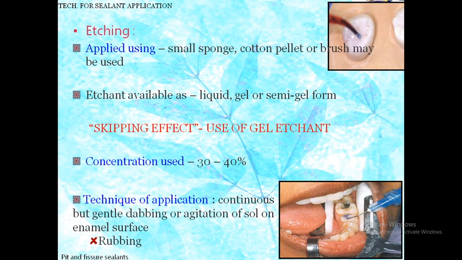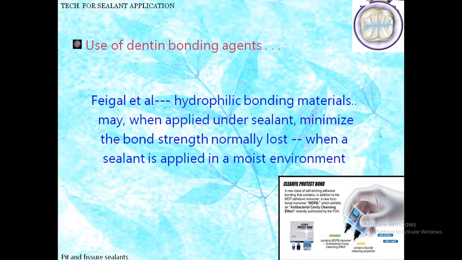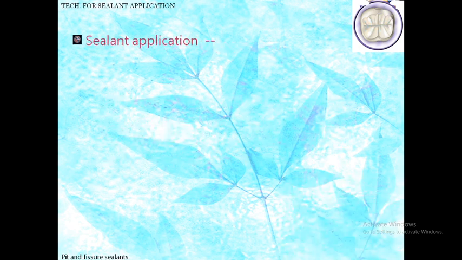We can apply it with a gentle dabbing or agitation of the solution on the enamel surface. Rubbing is contraindicated. Use of DBA, that is dentin bonding agents, minimizes the bond strength that is normally lost due to moisture.